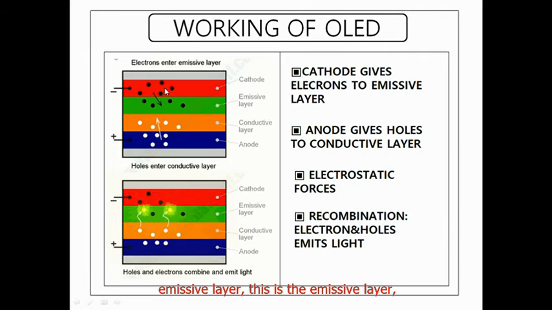So the emissive layer becomes negatively charged, and this conductive layer becomes positively charged. Due to the electrostatic forces, these electrons and holes will recombine with each other. Due to this recombination, photons will be produced. That means light will be produced.